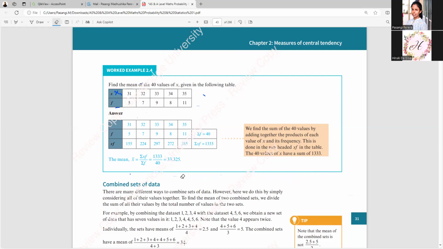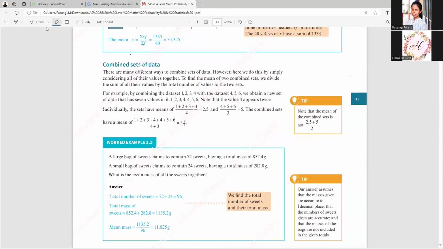Then we have combined sets of data. When it comes to combined sets of data, there are many different ways to combine sets of data.